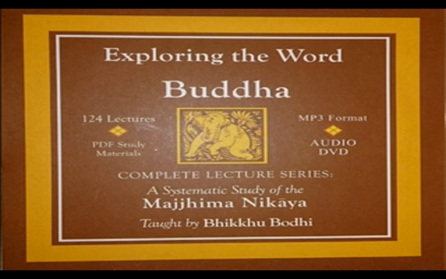Depending on the eye and forms, eye consciousness arises. The meeting of the three is contact. With contact as condition, there arises a feeling felt as pleasant, or painful, or neutral.